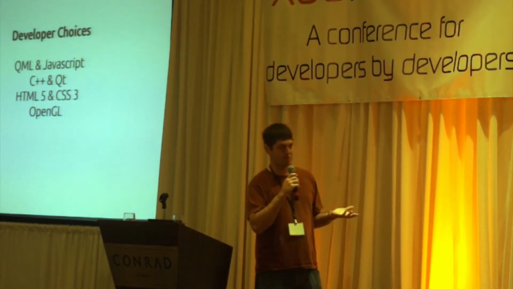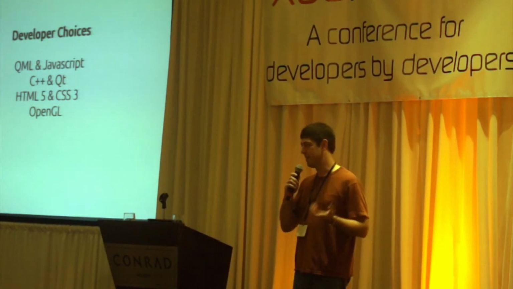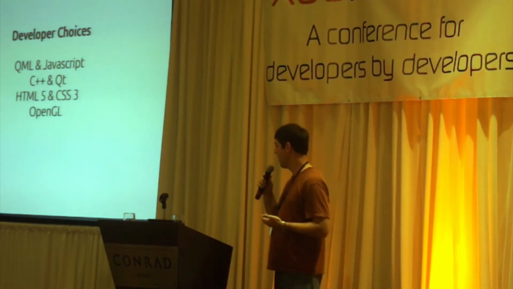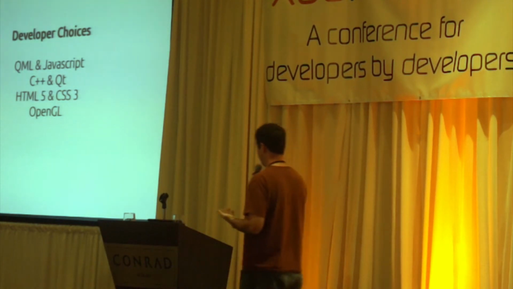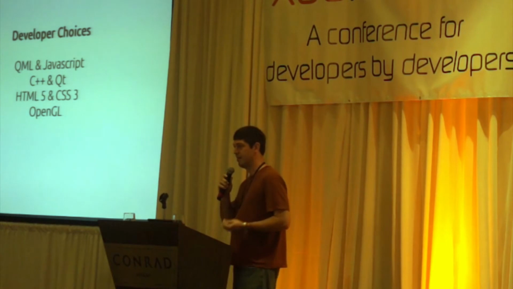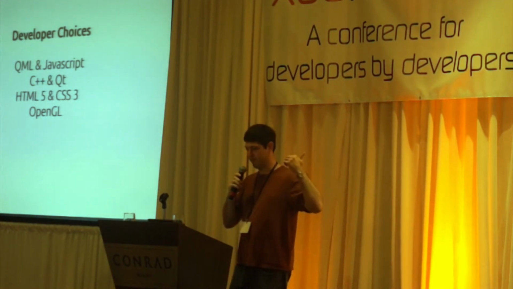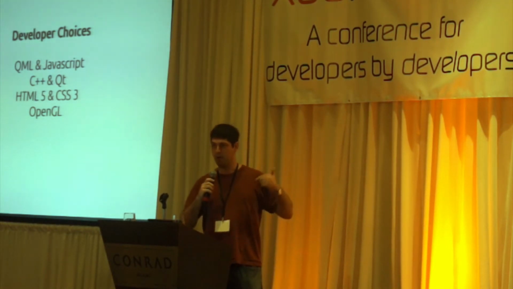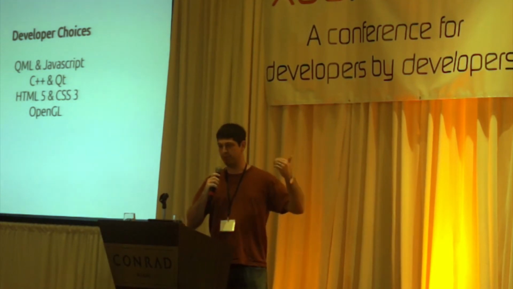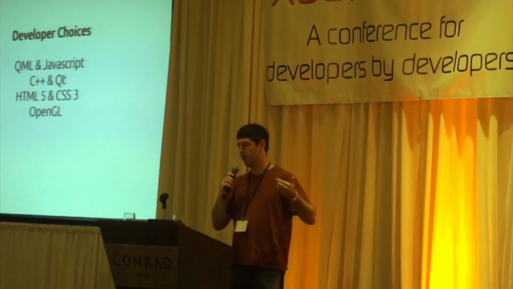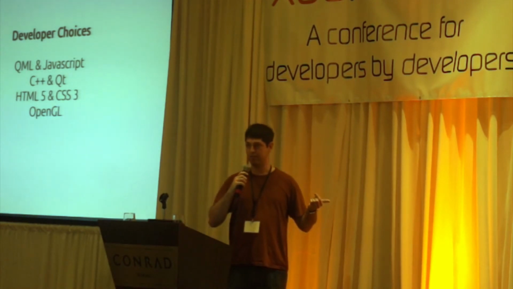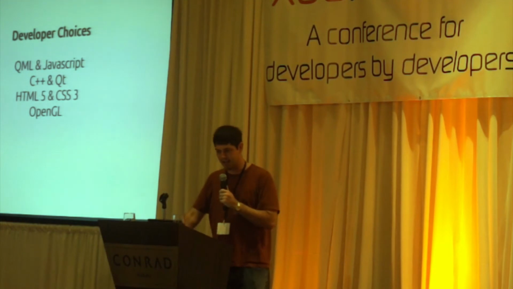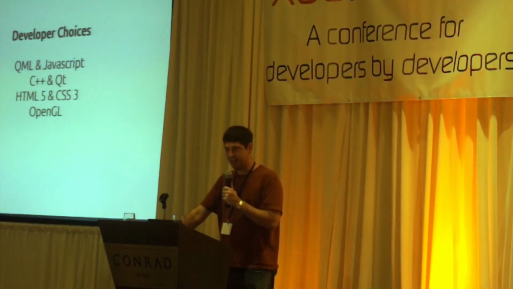But if structured markup and JavaScript's not your thing, if you like C++, you can do that too. And then you've got access to the entire Qt library that you can use. Or if you were doing HTML5 already, you can do that. Either local HTML5 apps or remote HTML5 apps. We've built an API into the browser where remote websites can hook into the Unity shell. John mentioned earlier that the rd.io music streaming service added this.